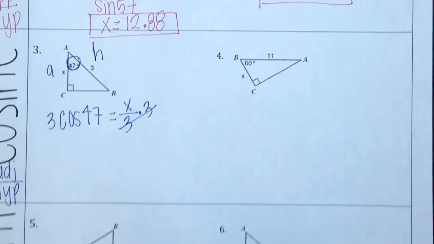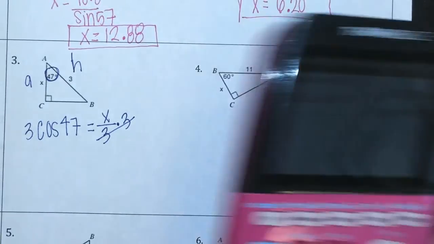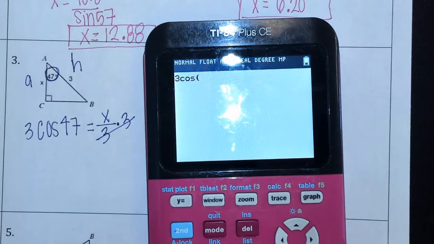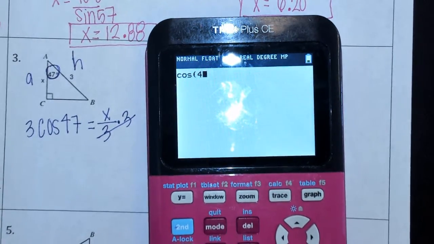You switch them. I just want you to get in the habit of closing the parentheses, because here's where we might do something like this. Cosine of 47 divided by 3.